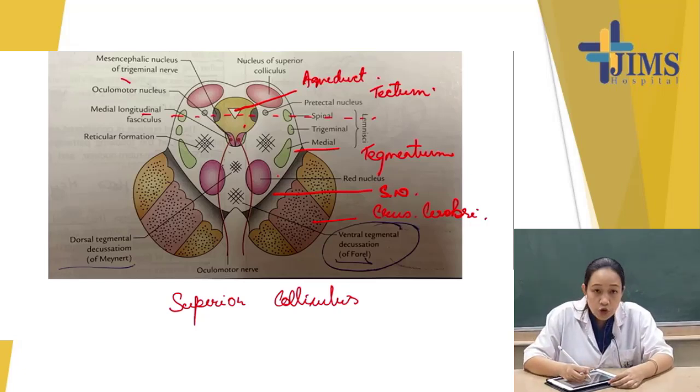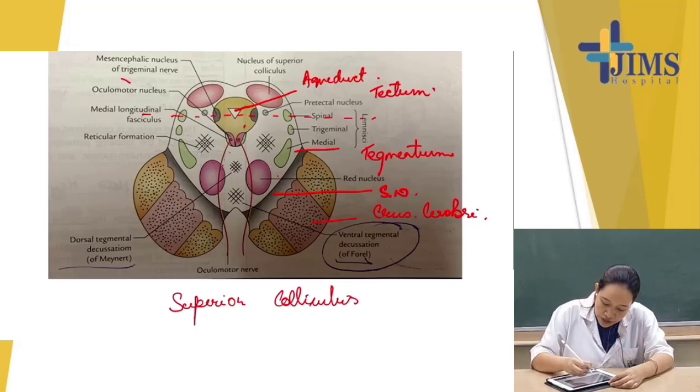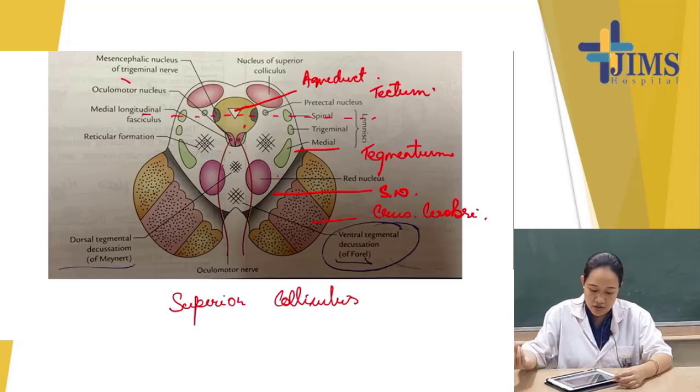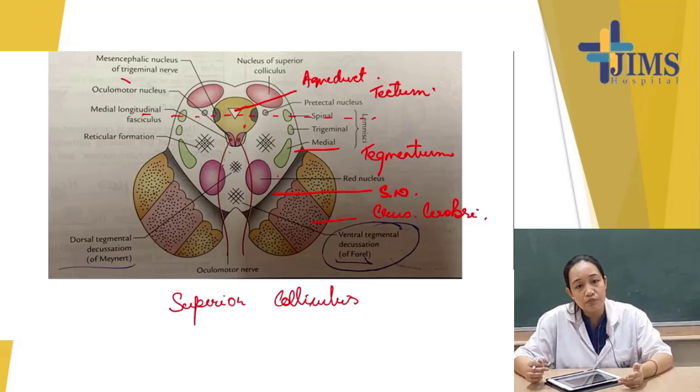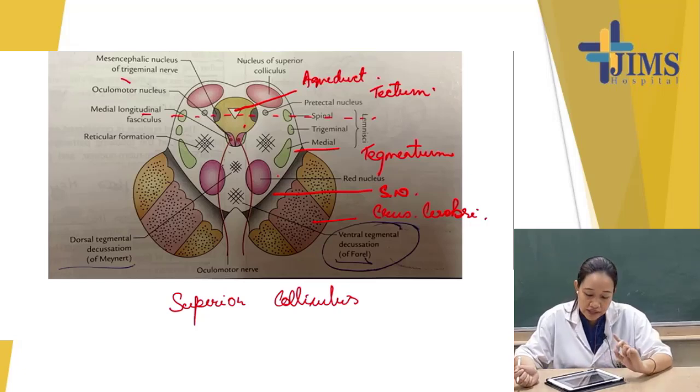Laterally, this oculomotor nuclear complex is bounded by the medial longitudinal fasciculi. So here in the deep origin you need to remember two things. First, the oculomotor nuclear complex is located in the midbrain at the level of the superior colliculus. Where exactly? In the grey matter, on the ventromedial part.